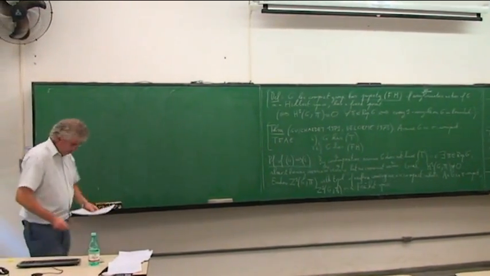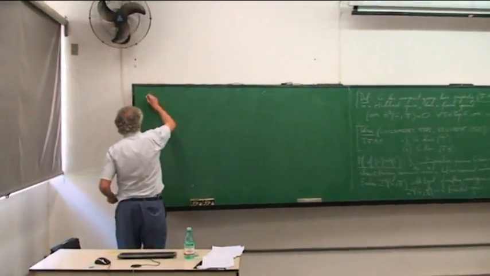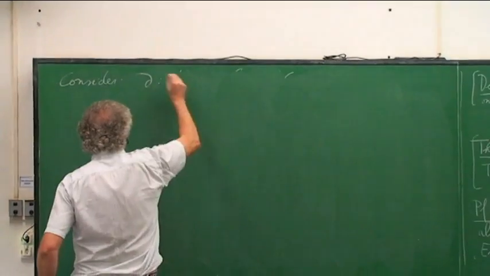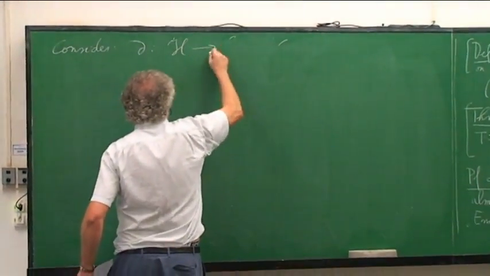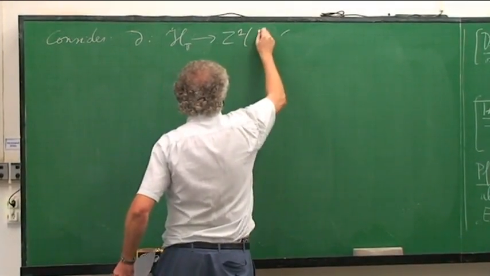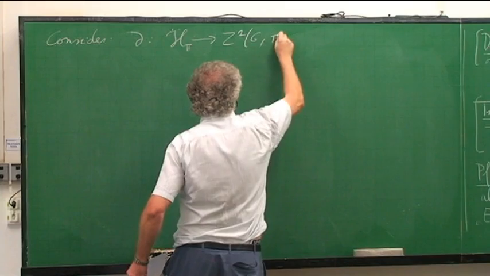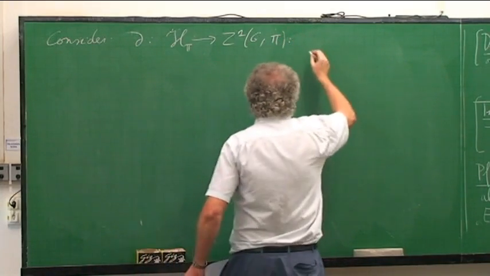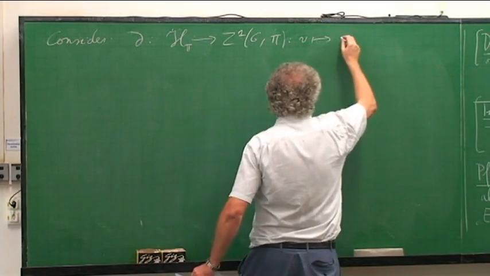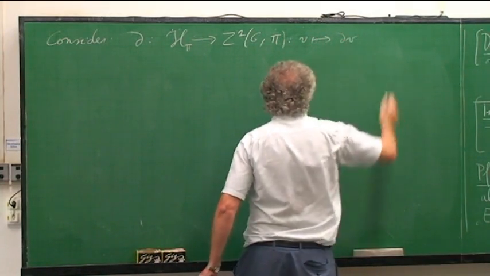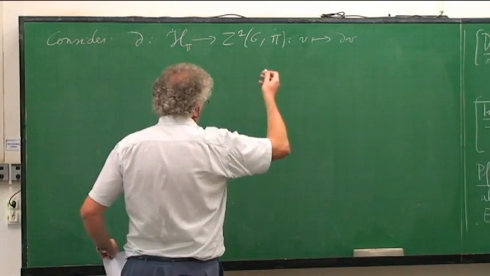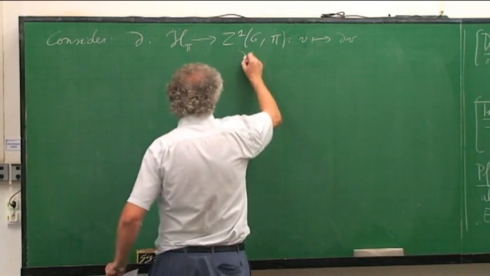Now consider the following map, which we call del, from H_π to Z^1(G, π). It maps a vector v to ∂v, which is just the 1-cocycle associated with v.